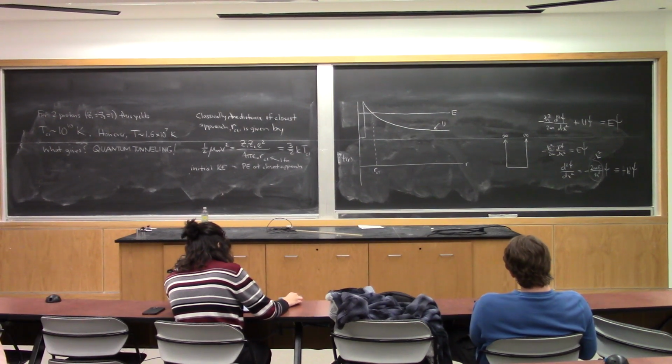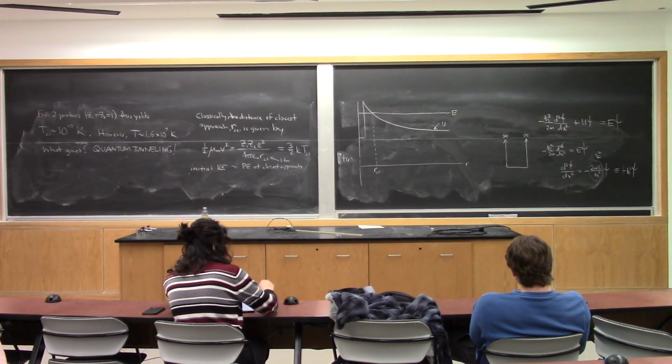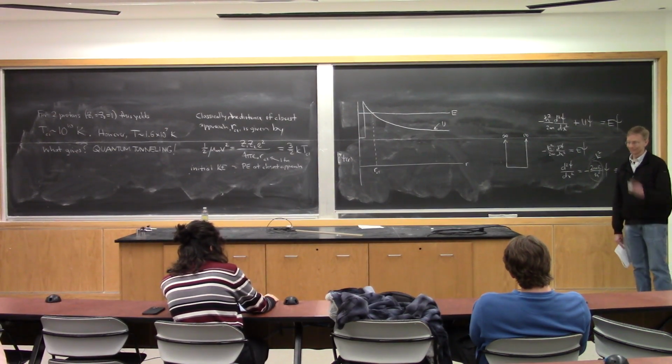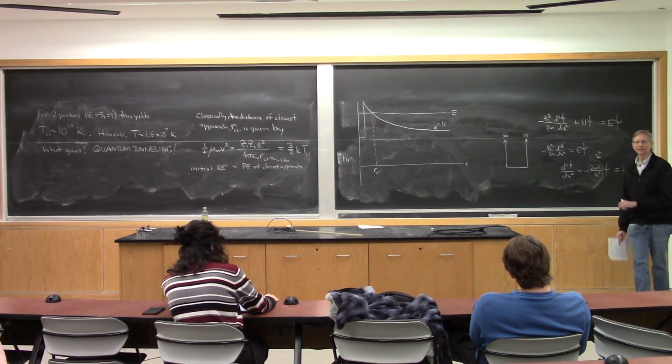There's two of them, and there's two linearly independent real solutions to that equation that are kind of natural choices. So what's a function whose second derivative is minus a constant times itself? Sine and cosine. Yeah, sine and cosine, right?